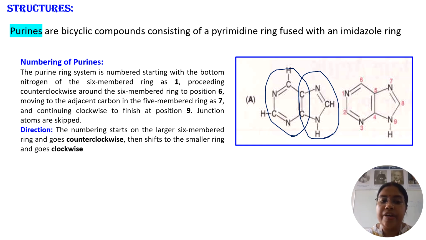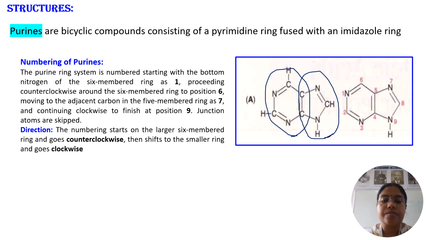And moving to the adjacent carbon in the 5-membered ring as 7, 8, 9. Junction atoms are skipped. The numbering starts on the larger 6-membered ring and goes counterclockwise, then shifts to the smaller ring and goes clockwise.